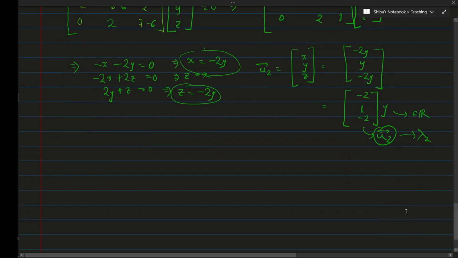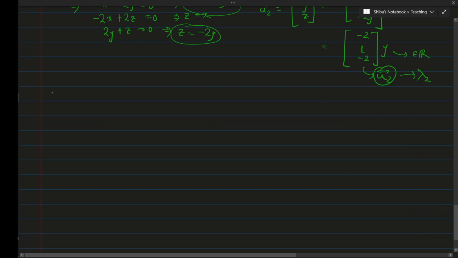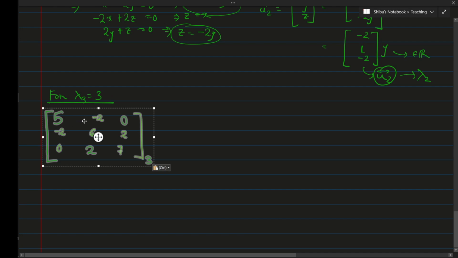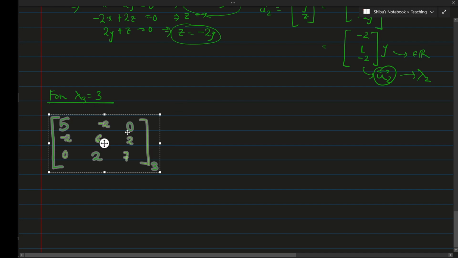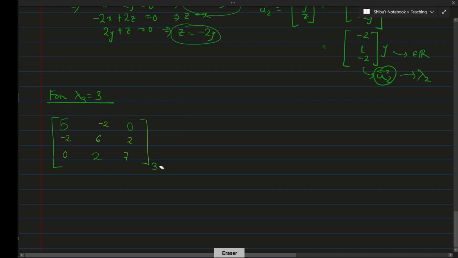Now let's move further. Let's try to find the eigenvector for lambda 3, which is equal to 3, right? So this is our third eigenvalue, for which we are going to find the corresponding eigenvector. This is our matrix.